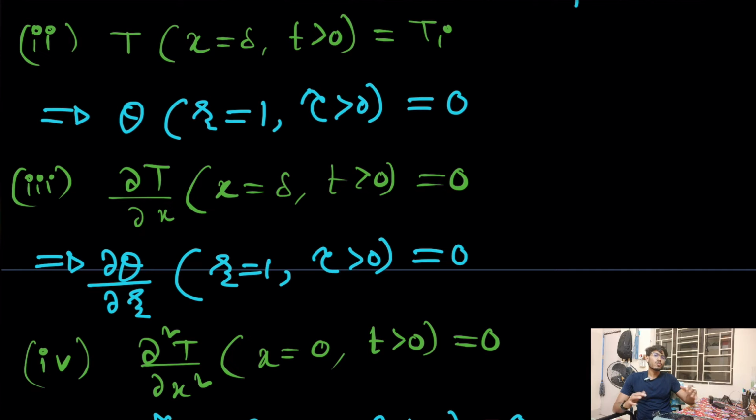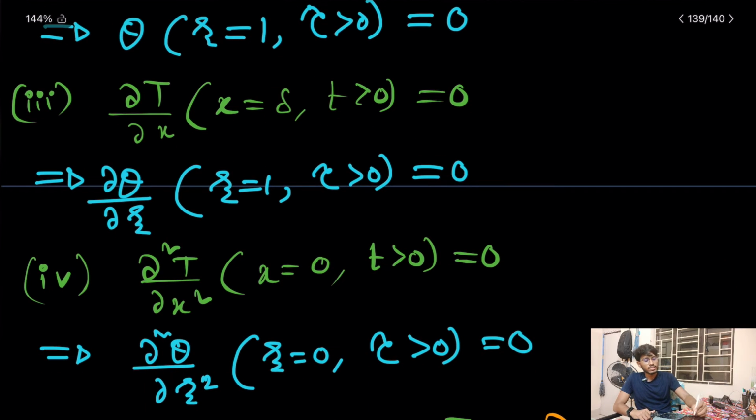If I change the problem description, maybe I can change the boundary conditions also, and then you can have more derived boundary conditions. Actually this boundary condition is called a derived boundary condition.